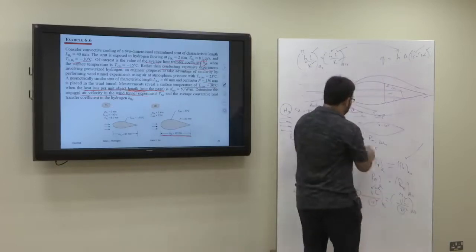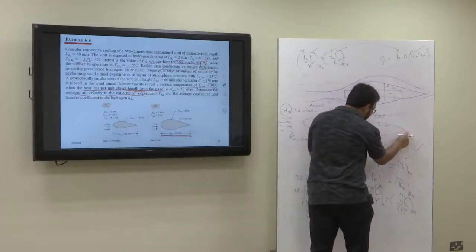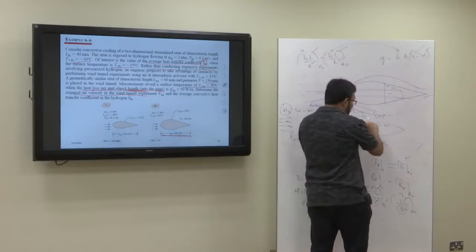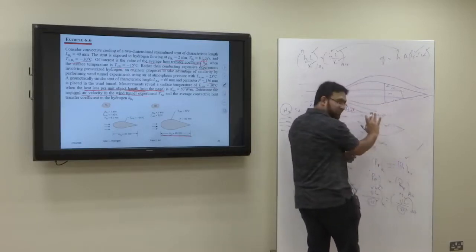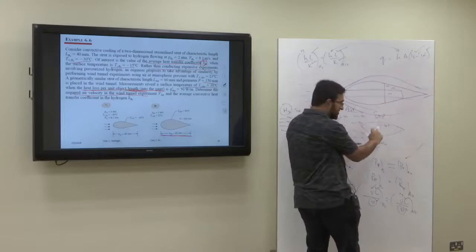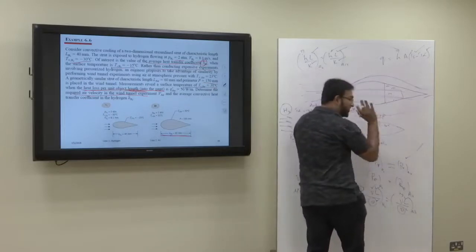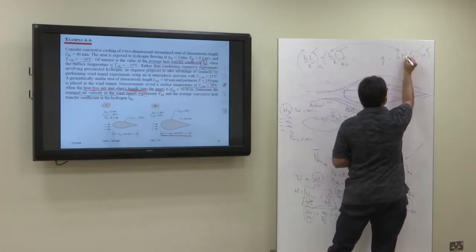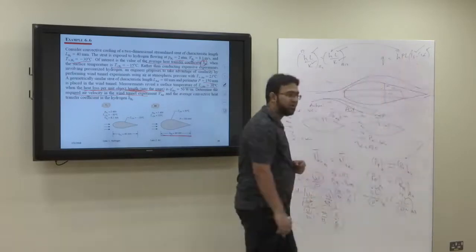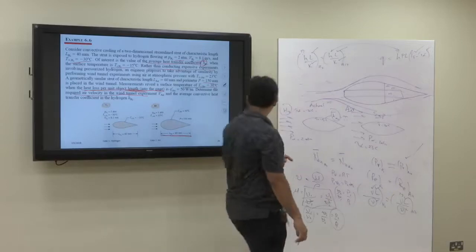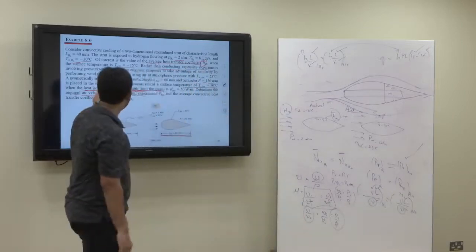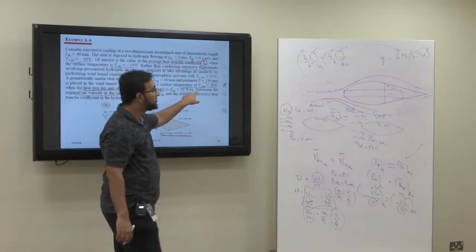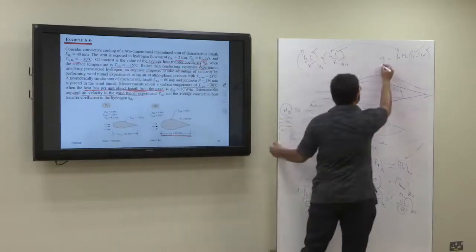Surface area is this surface, so that will be the perimeter multiplied by the length. So I can write area here as P multiplied by L. Now what's given here is the heat loss per unit object length, and the unit is 50 watt per meter. So we are already given Q upon L.